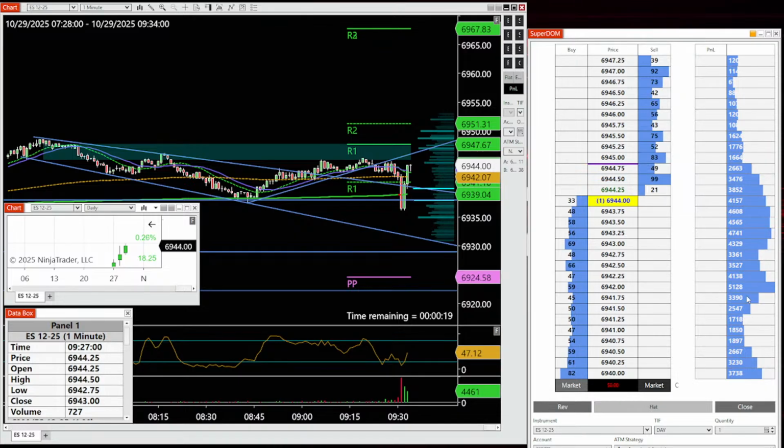Back in this range, we came down, now we're back in this range where we've been trading, an overnight range.